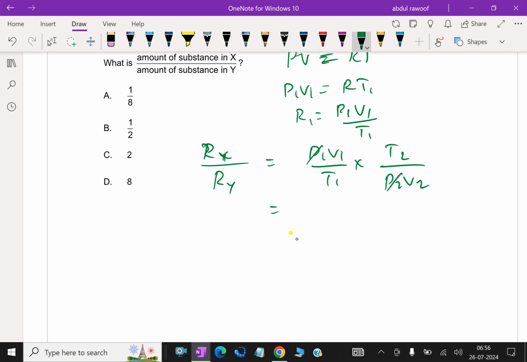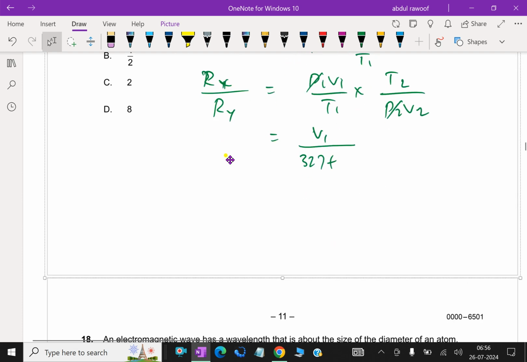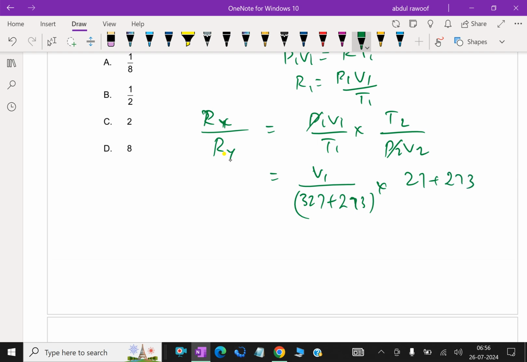Therefore V1 over T1, which is 327 plus 273 to convert to Kelvin, into T2, which is 27 plus 273 converted to Kelvin, over V2.